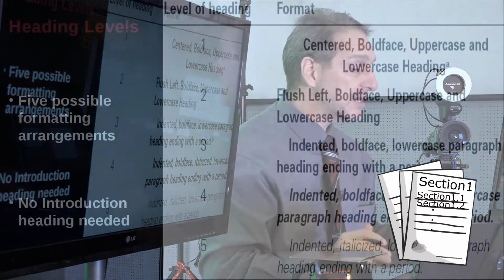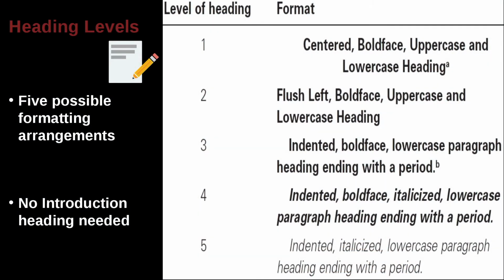Well, APA is laying out 5, but that's an awful lot. It's very rare that you would be actually using that many levels. Most of the time we would be using just the first few levels, level 1, level 2, maybe level 3. In fact, in most of my papers, I'm just using 1 and 2, and occasionally there's a 3 in there.